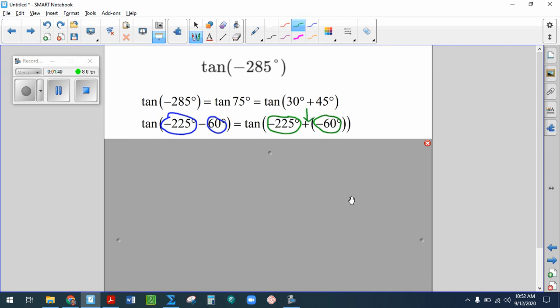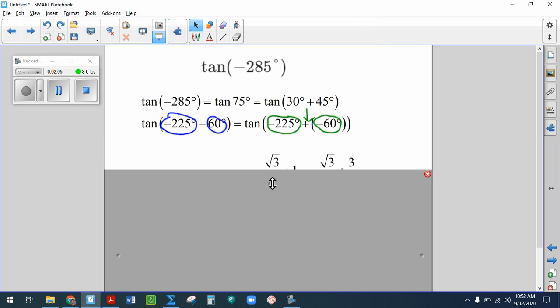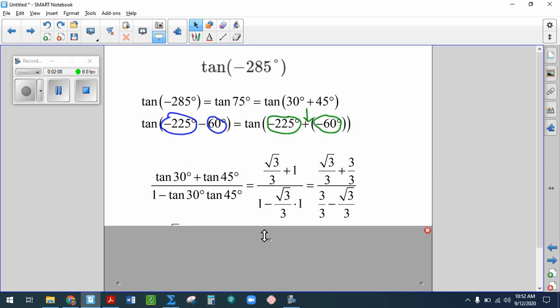So that would have been tangent negative 225 plus tangent of negative 60, and then 1 minus on the bottom with the two angles. So you just have to be careful when you're working with two negatives. Are you really working with two negatives being added together, or are you working with a negative and then subtracting a positive? And I can talk more about that with you if you think that's a mistake you made on your quiz. But I did the other one because it was easier.